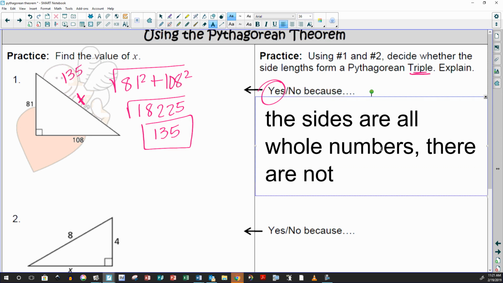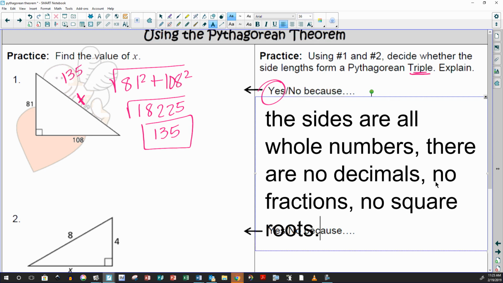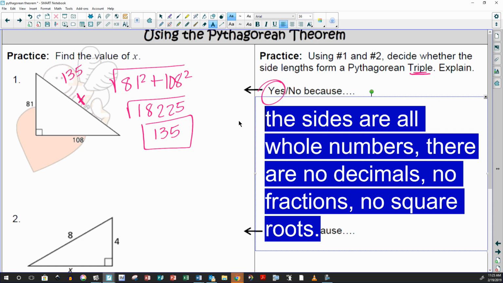There are no decimals, no fractions, no square roots. And then I'm going to make that smaller so it fits where it's supposed to be.